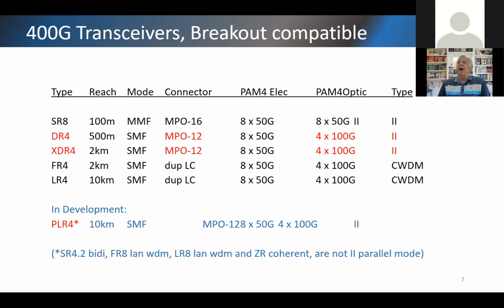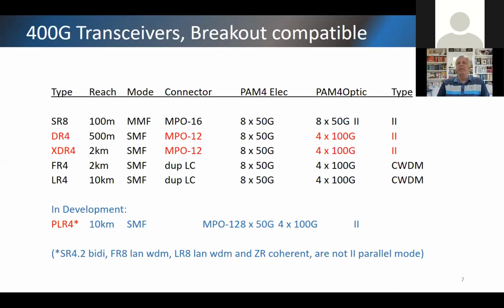On the optical side, under DR4, now we're getting into a parallel mode where we have 4 100 gig signals that are sent, which is going to be advantageous for our breakouts. The XDR4 is kind of like an FR4 because it still goes 2 kilometers.